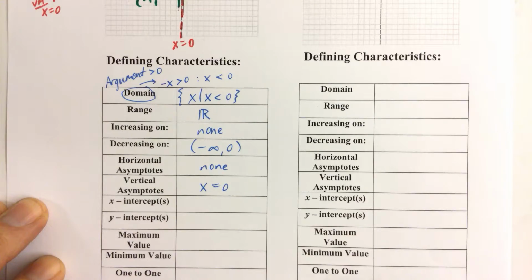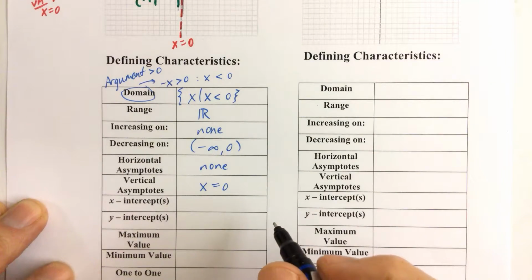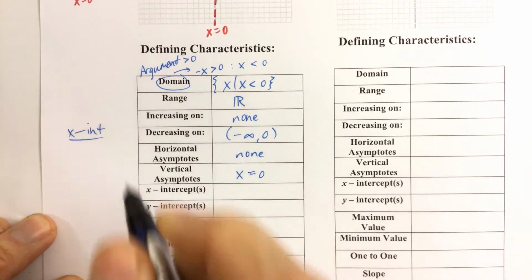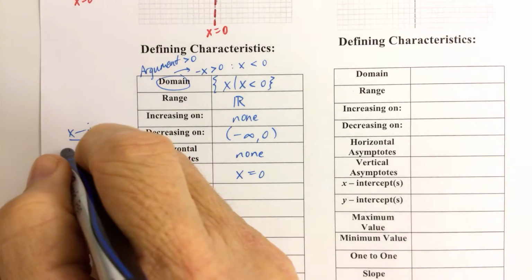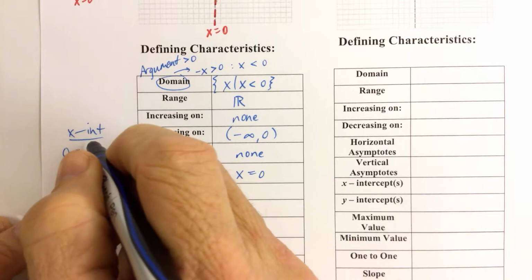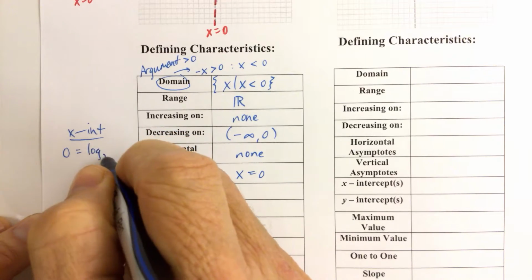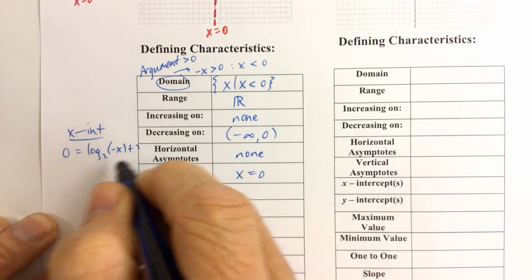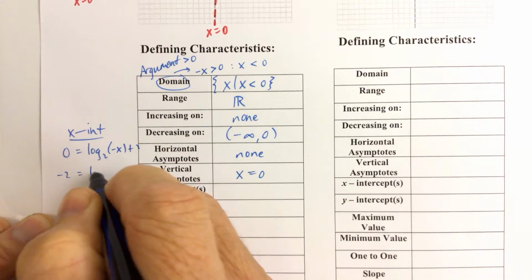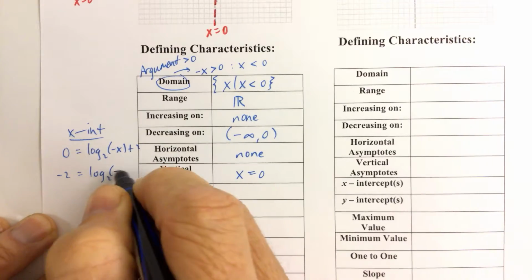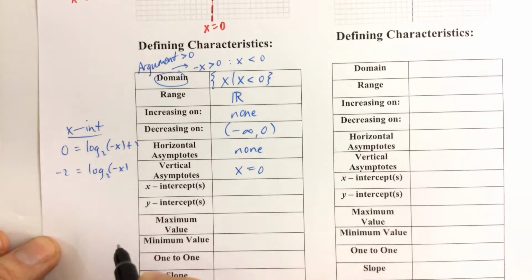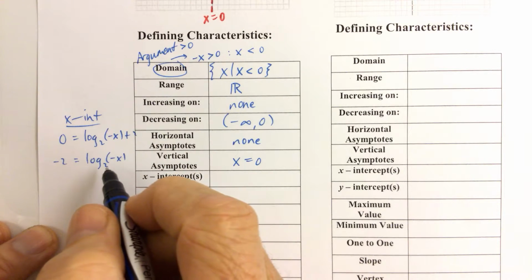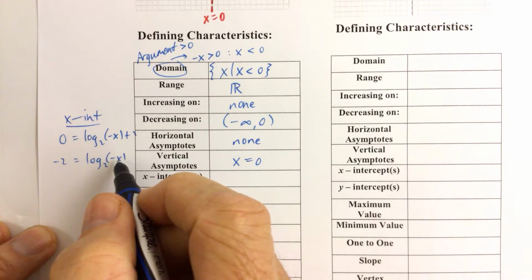And then for the x-intercept, now that you know how to solve log equations, we're going to go ahead and let y equal 0. And when we let y equal 0, we get 0 equals log base 2 of negative x plus 2. So if we subtract 2 from both sides, we get log base 2 of negative x is equal to negative 2. And again, we see that our variable is locked up in the log.